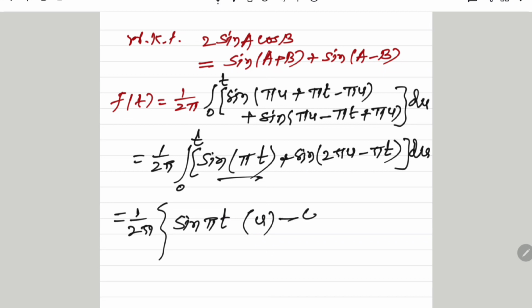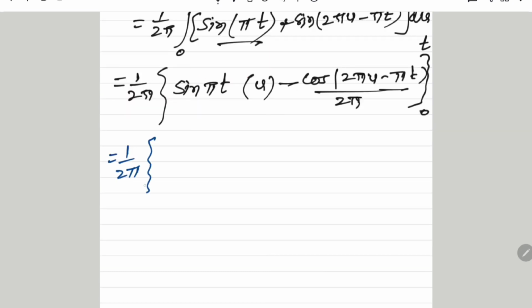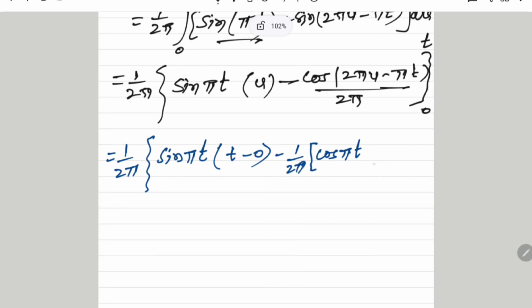Integration of sin is minus cos of 2 pi u minus pi t whole divided by 2 pi, and then limit from 0 to t. 1 by 2 pi sin pi t, substitute value of u, upper limit as t, lower limit as 0, minus 1 by 2 pi, 2 pi t minus pi t, it becomes cos of pi t, minus u is 0, and cos minus theta is cos theta. Therefore, it becomes cos of pi t.